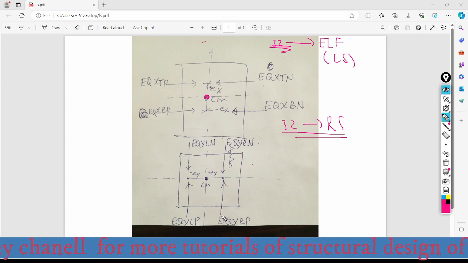And similarly in the y direction, that is RZ cube in y direction, on the left of the center of mass in the positive direction, and on the right side of the center of mass along the positive direction, and similarly in the opposite, negative direction.